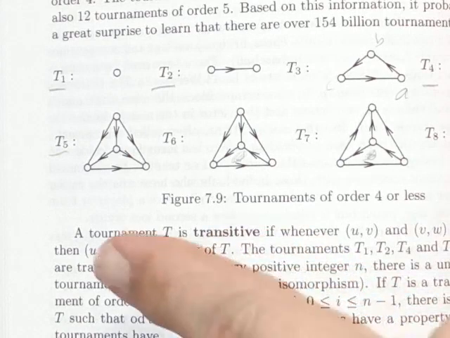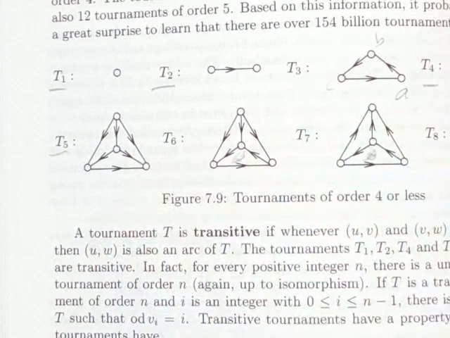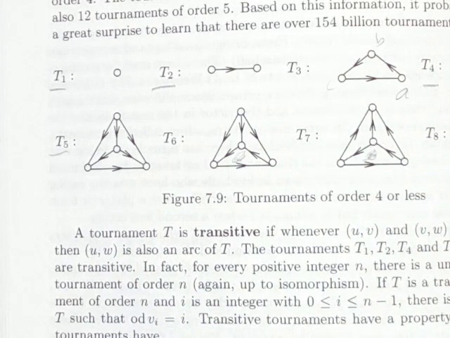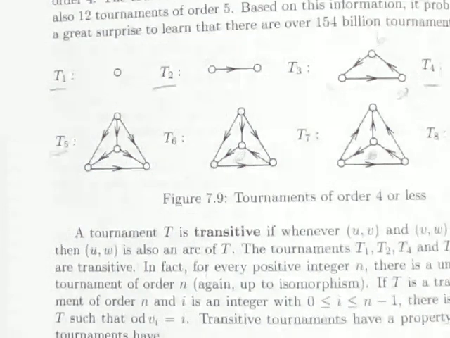This one, on the other hand, T5. Every possible triangle, of which there are only 4, satisfies our transitivity idea.